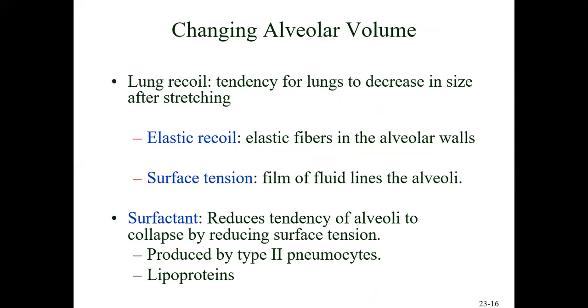That fluid is a water-based fluid, and because of the properties of water, that fluid kind of pulls on itself and it tries to draw in the air sacs. If you left it up to its own, it would draw it in too much. In other words, you have to have this surfactant, like we mentioned earlier, made by the type 2 pneumocytes, to try to reduce how much surface tension you have so that you don't actually collapse those little air sacs.